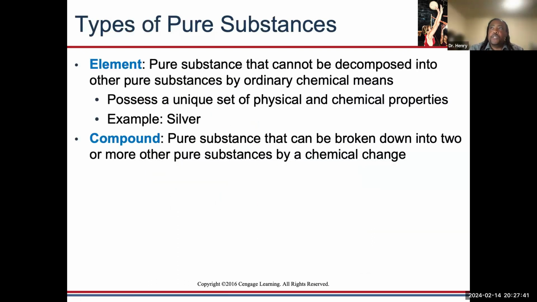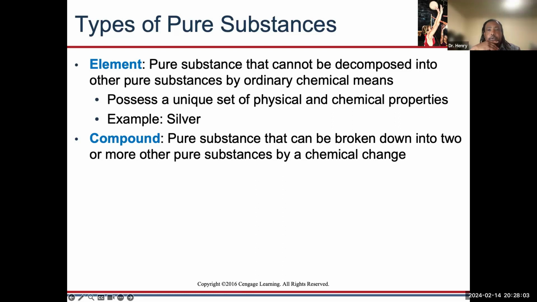Okay, so when we talk about pure substances, we have elements. Those are the things that are on our periodic table, or we could have diatomic elements such as oxygen gas or hydrogen gas. And we also have compounds, which you guys already know what compounds are. Both of those can be pure substances.